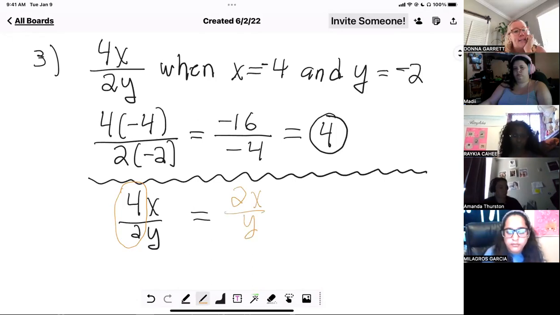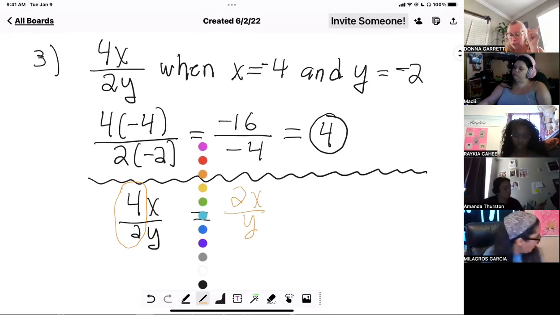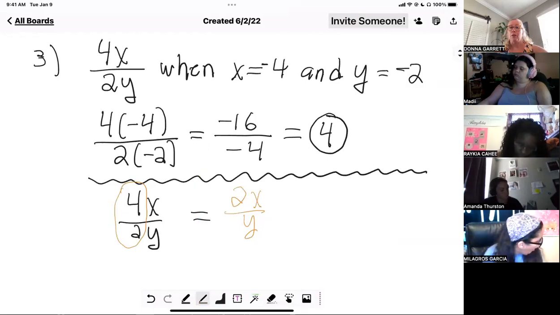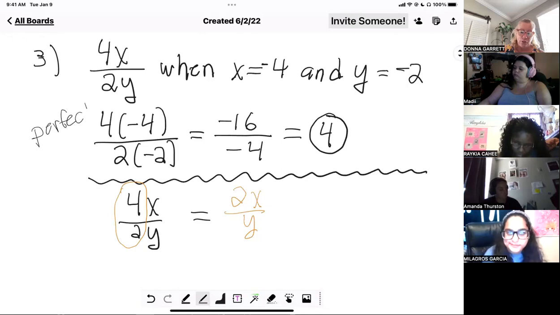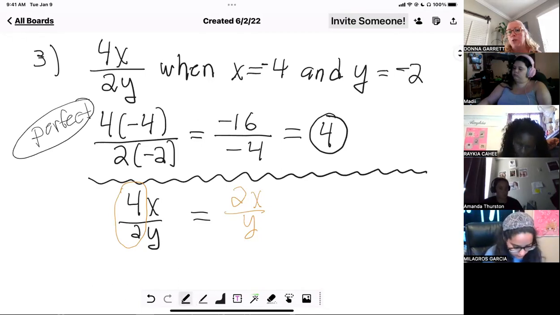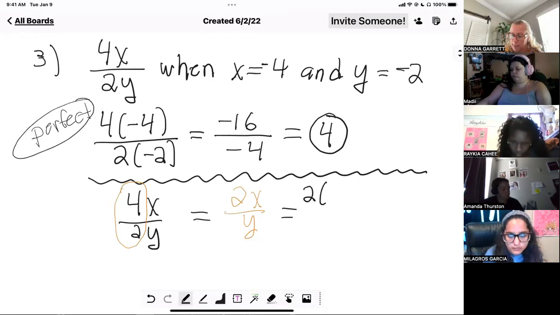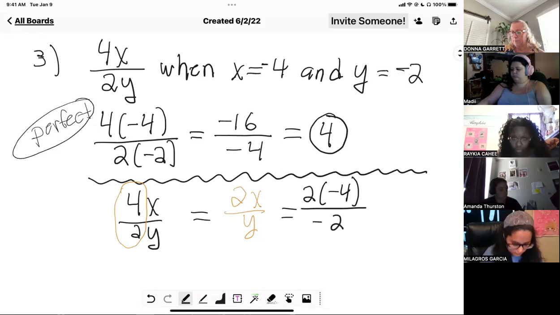What's nice about that, and again, this is optional, you don't have to do this. Everything we did up front is perfect. This is just another option. So what happens when you simplify first is you don't have to simplify at the end so much. So then I would do 2 times x was -4 and y was -2, right?